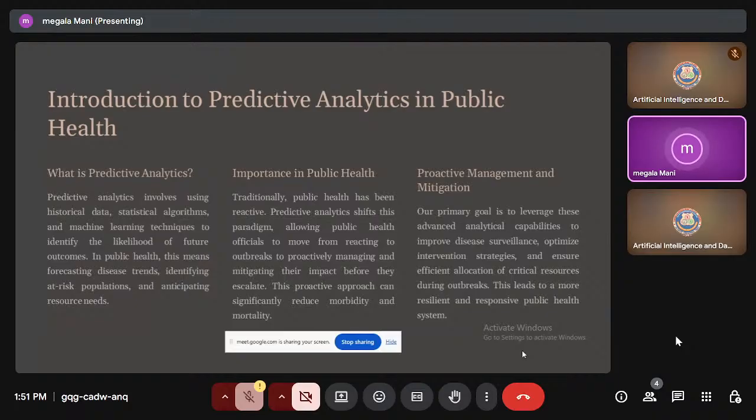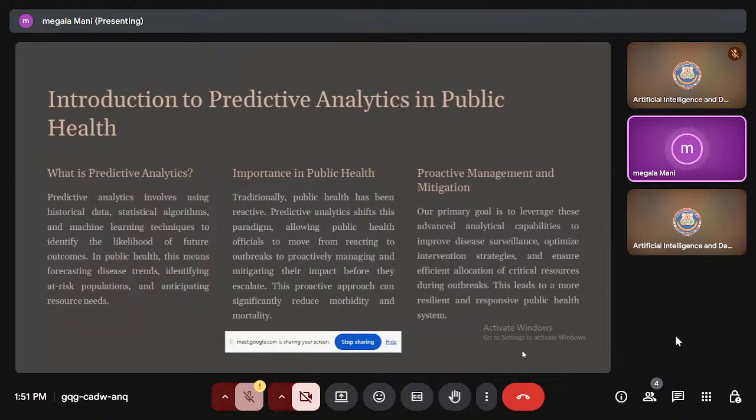So the importance for our health is two-way: morbidity and mortality. One is predicting how many people are affected by a particular disease, the other is how many die from it. This is a very important thing.